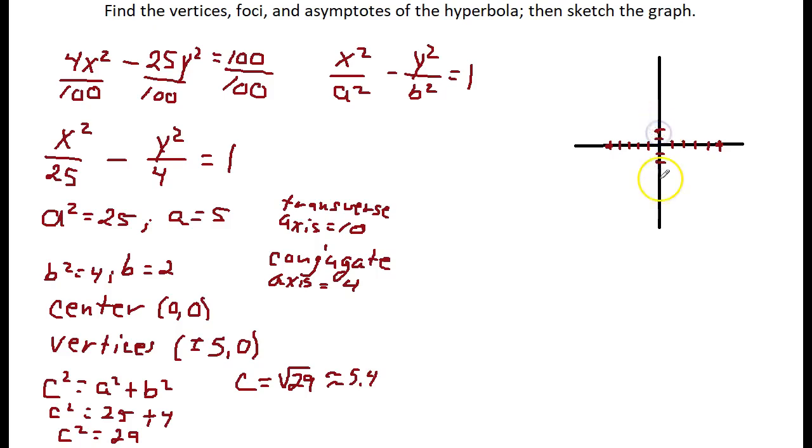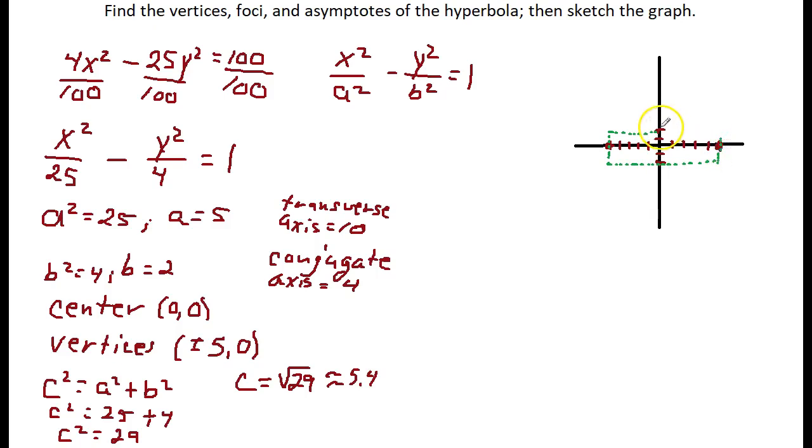So there's B, and here's negative B. So that means this point is one vertex, this point is the other vertex. I'm going to take a color that is not the same color I've been using, and I am just going to make myself a little box. This box just kind of helps.